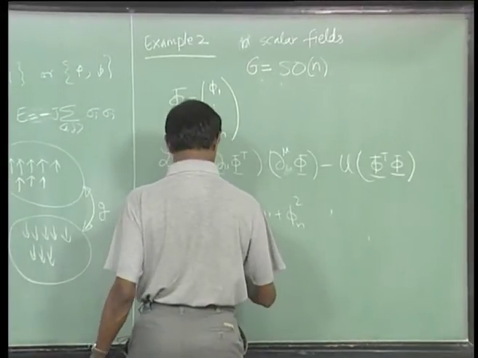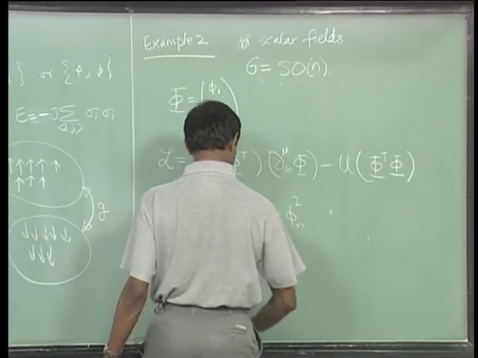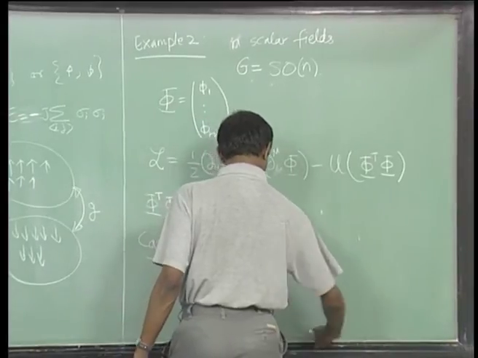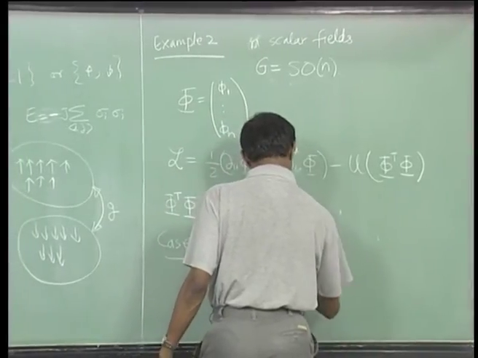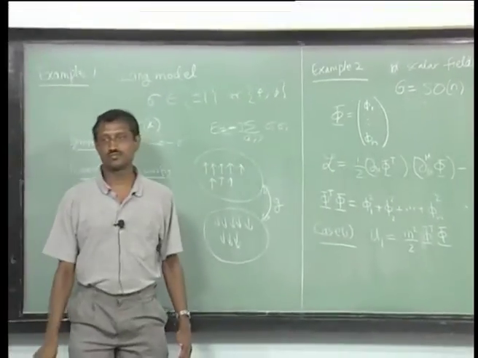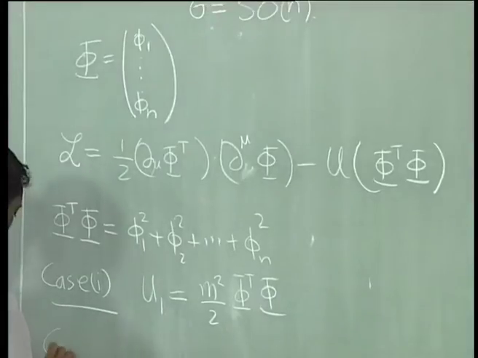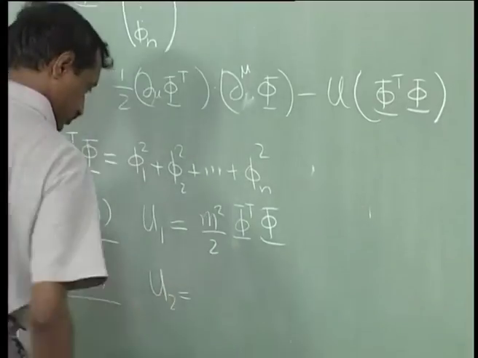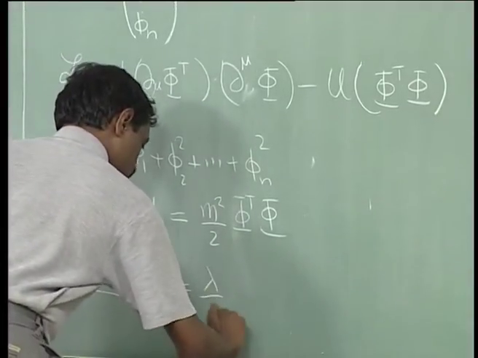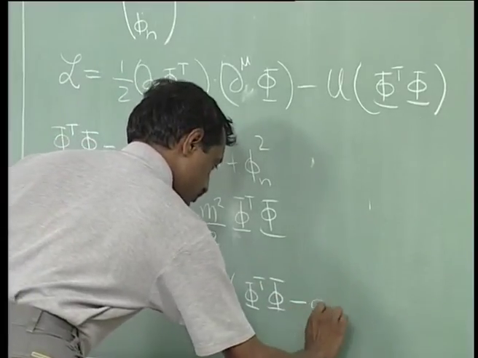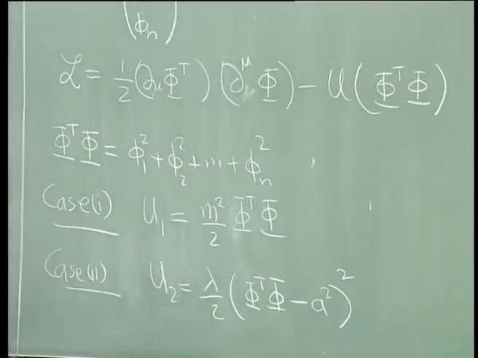So, let us just call it U1, I just choose it to be... okay, and case 2... okay.